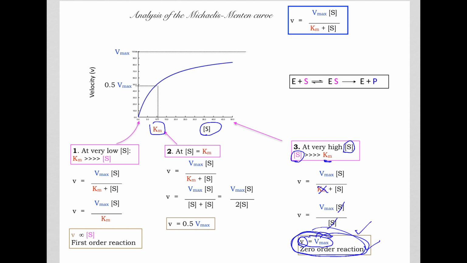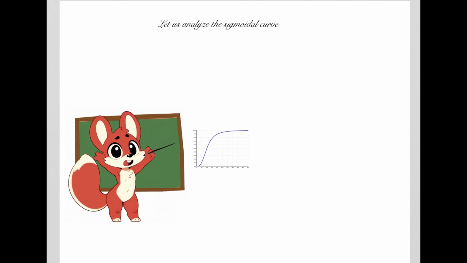So we actually add saturating concentrations of substrate when we want to measure the amount of enzyme in a given sample, such as a blood sample or urine sample and so on. Okay, so that's a little bit more about the hyperbolic curve or the Michaelis-Menten curve.